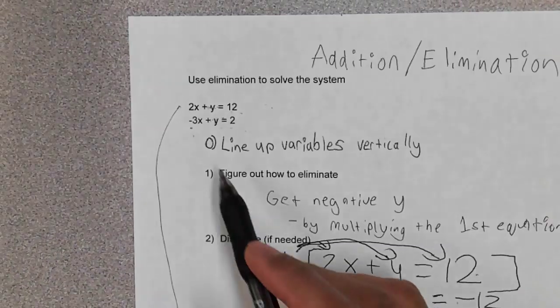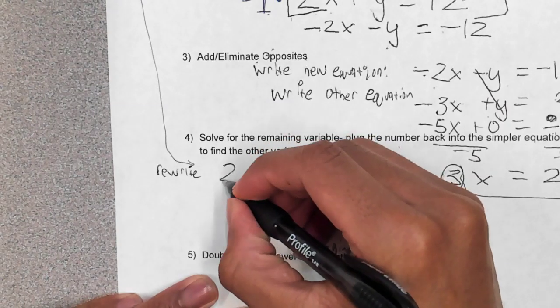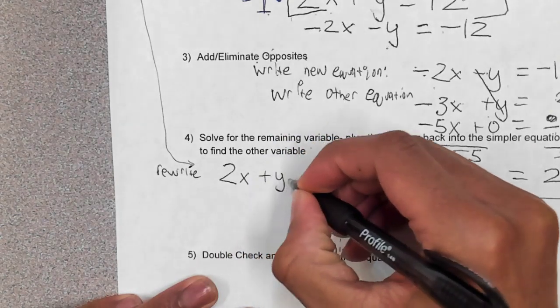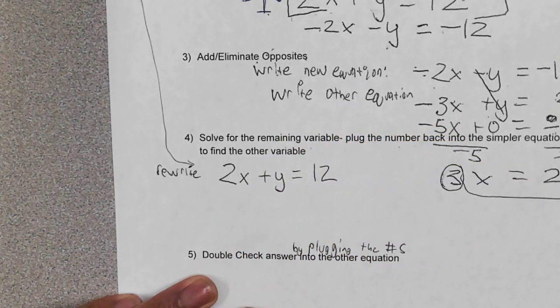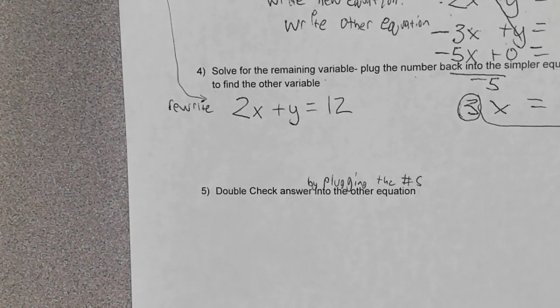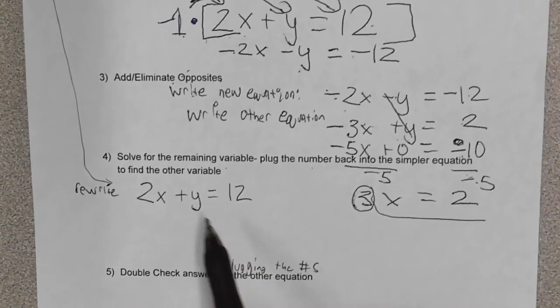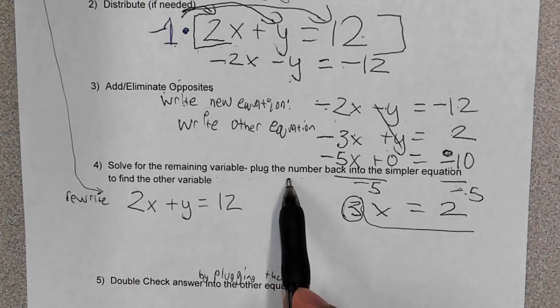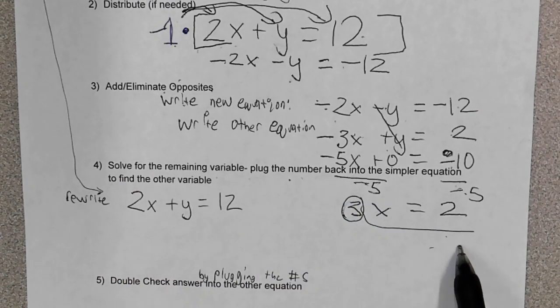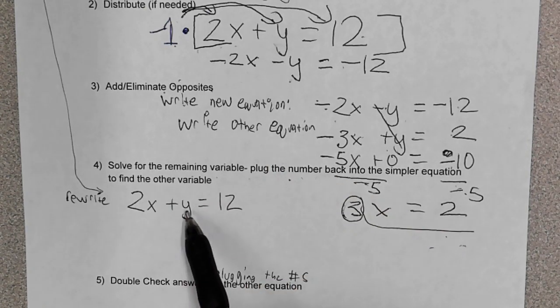So it was 2x plus y equals 12. All right, check this out. We are now going to plug in, this is step number 4, the number we got, which is x equals 2. Find the other variable, which is y in this case.